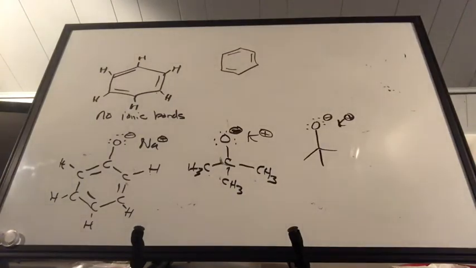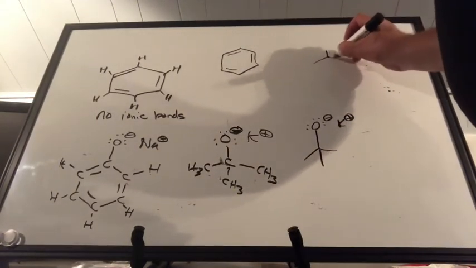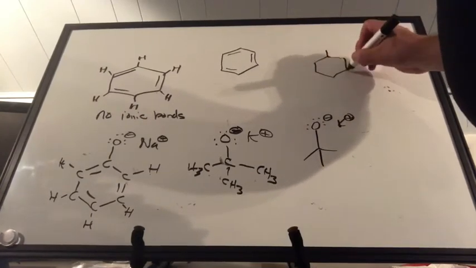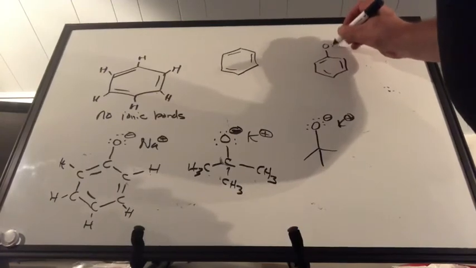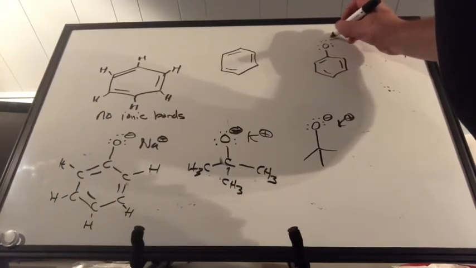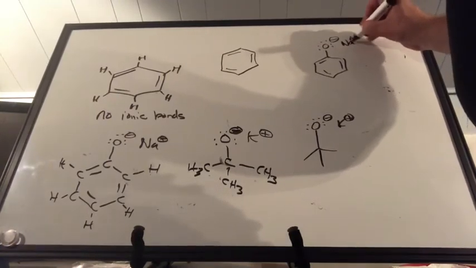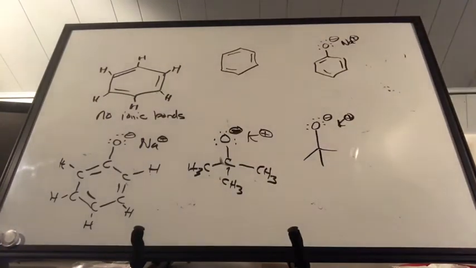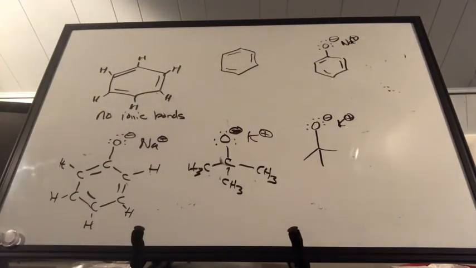And then phenoxide, it's right there. That's going to look the same thing as that benzene ring. But this is going to be the conjugate base of phenol, if you've ever heard of that. So phenol is used in biochemical extraction. Okay, so this is going to be the conjugate base of it.